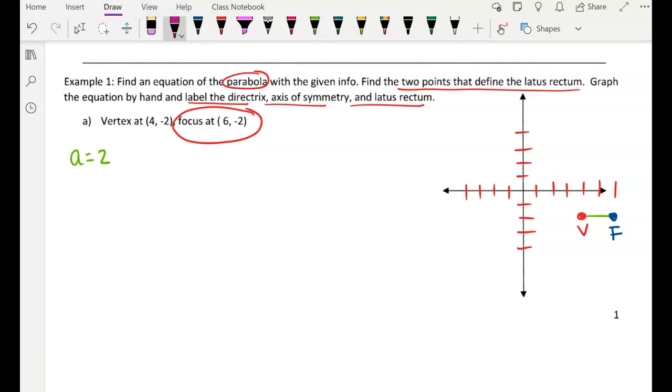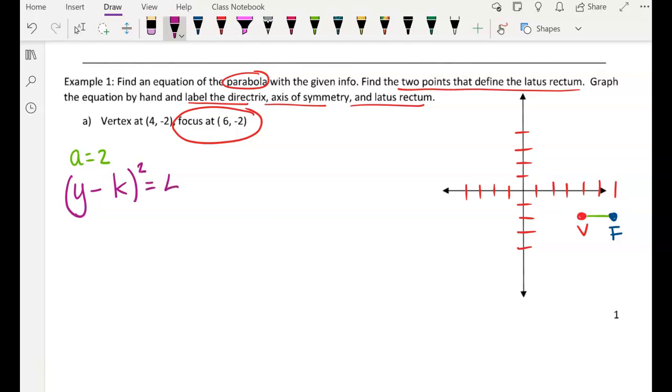Next, what we want to put in your equation is, remember, the focus is always going to be on the inside of your parabola. So since the focus is on the right side of the vertex, we know it's going to open to the right.